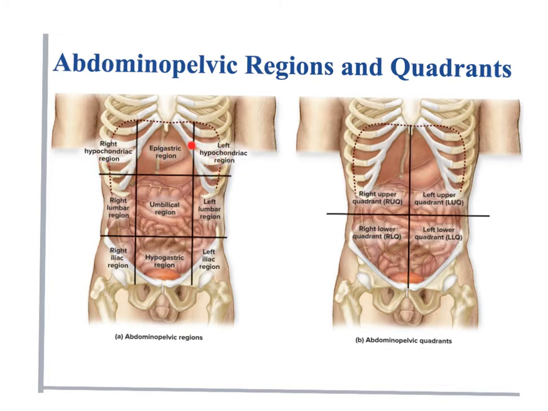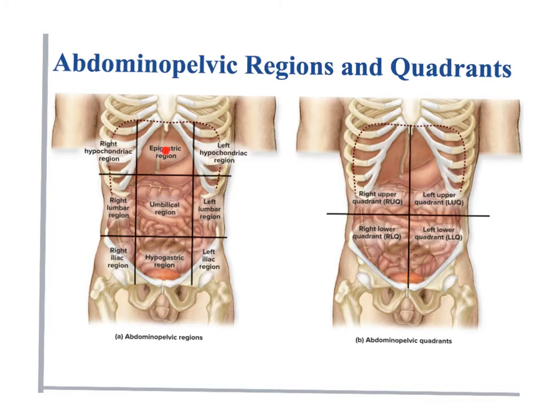These are the upper corners. On both sides, it goes superior to inferior: hypochondriac, lumbar, iliac. Lumbar and iliac refer to the area of the backbone, and the ilium is the hip bone that you'll learn about. So on right and left sides, we have those.